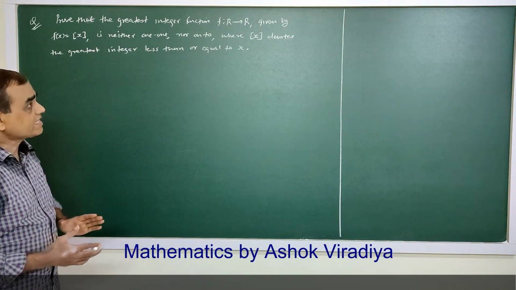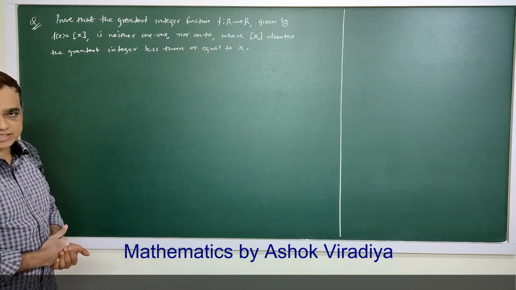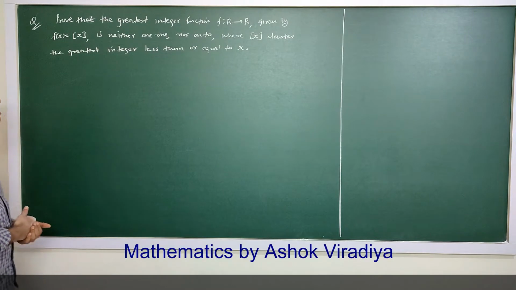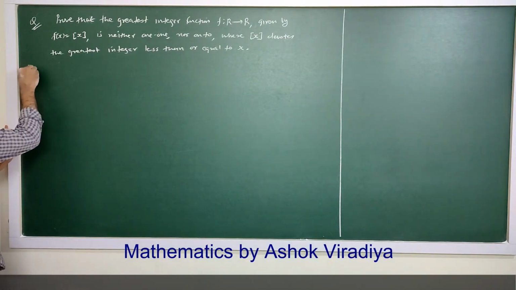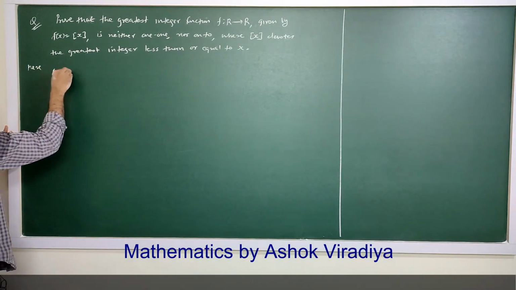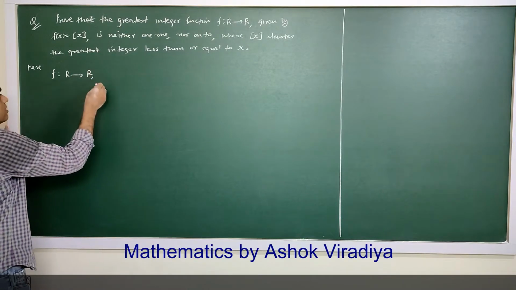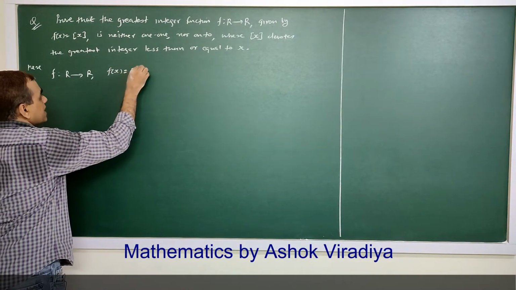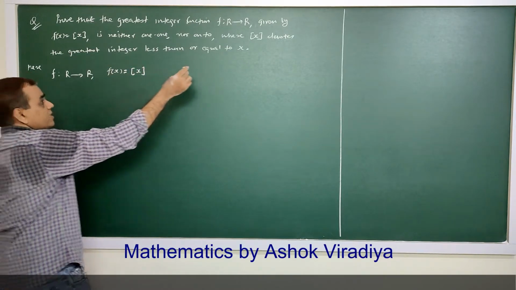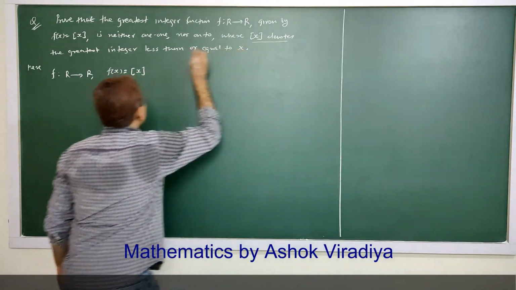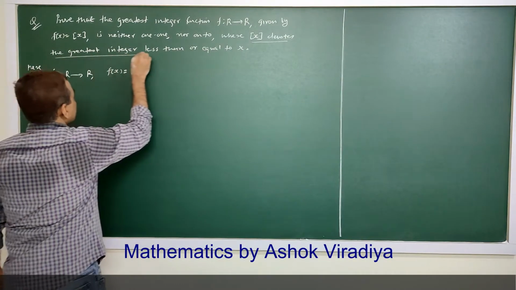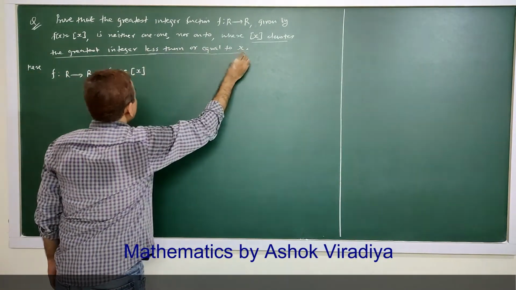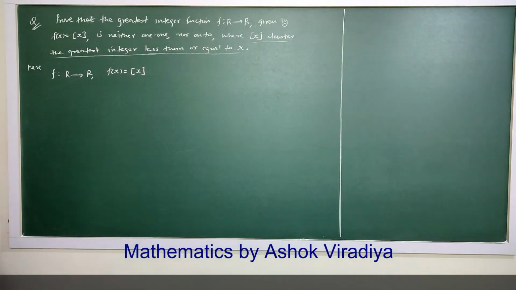Say f is from R to R and f(x) equals box x, where box x denotes the greatest integer less than or equal to x.